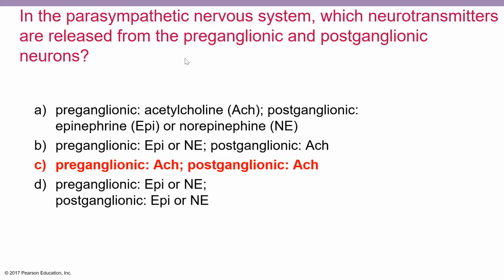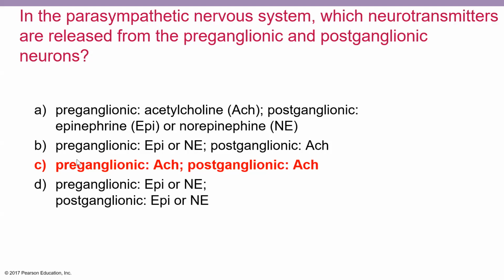So we're looking specifically at the parasympathetic nervous system, okay? And so we know that norepinephrine and epinephrine never come in contact with the parasympathetic system. The parasympathetic system only involves acetylcholine. Another thing that I mentioned as a general rule is that all preganglionic neurons release acetylcholine.